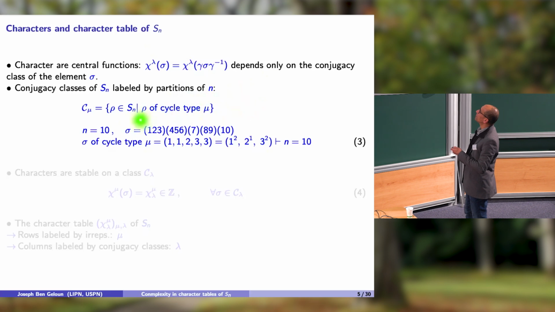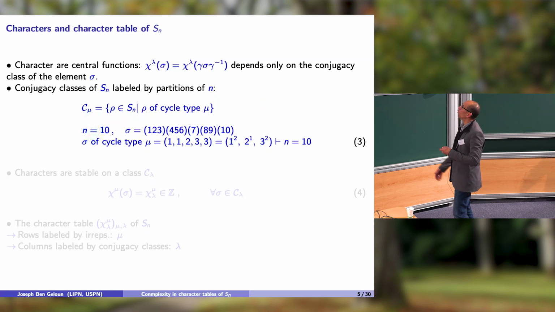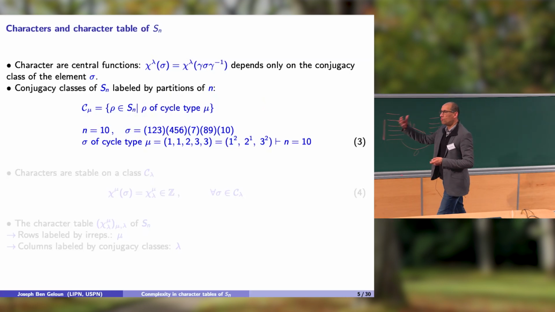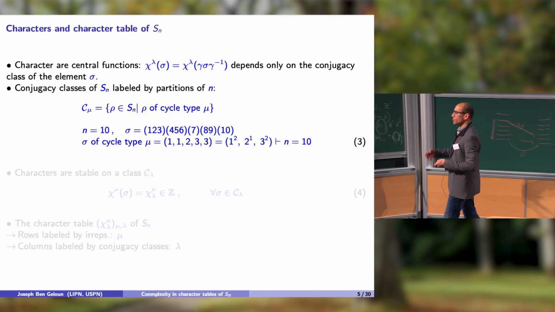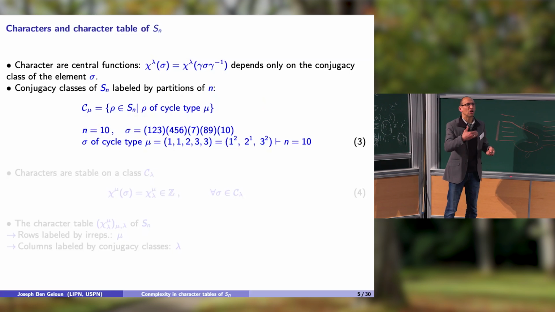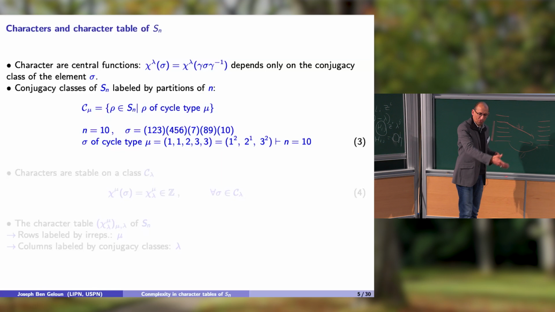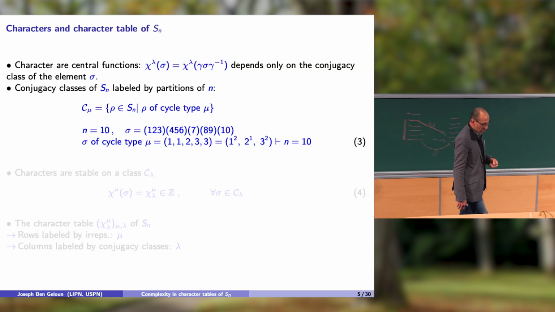So what's the relationship? A conjugacy class labeled by some mu is nothing but all permutations that have what we call the cycle type mu. In other words, you list the sizes of all the cycles of your permutation, and you get this partition.